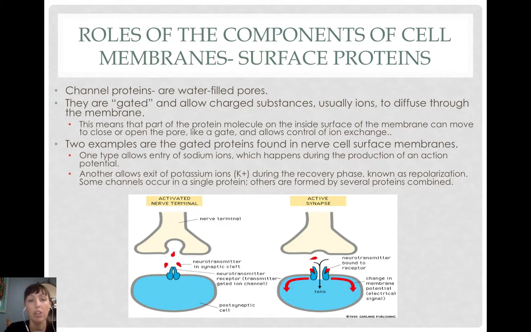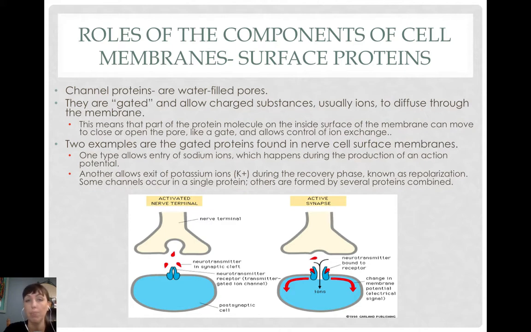One type allows entry of sodium ions, which happens during the production of an action potential. We'll talk about the action potential. Another allows the exit of potassium ions during the recovery phase, known as repolarization. Some channels occur in a single protein, while others are formed by several proteins combined.